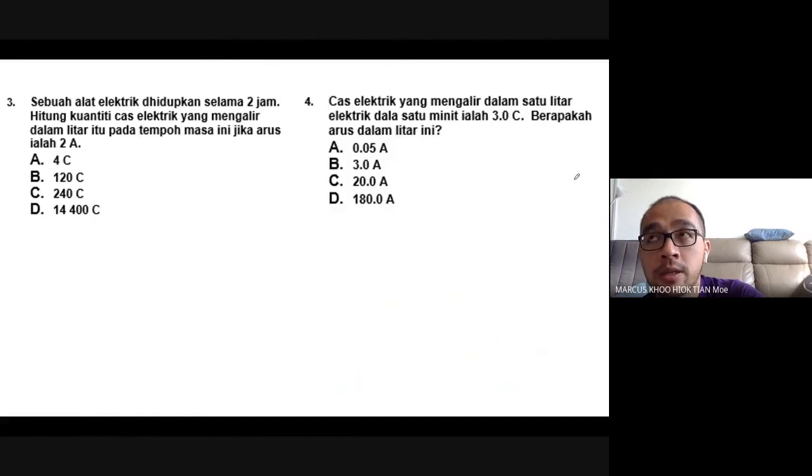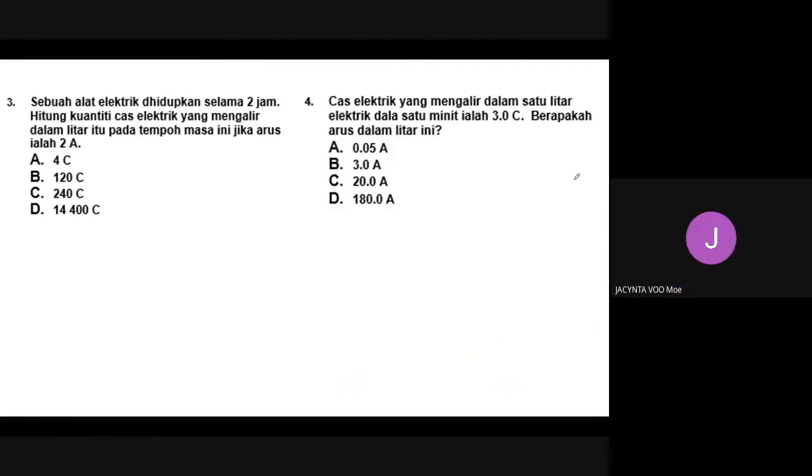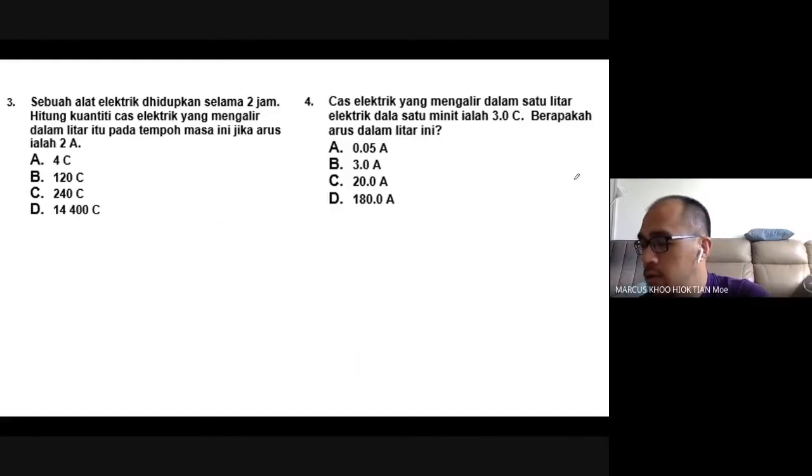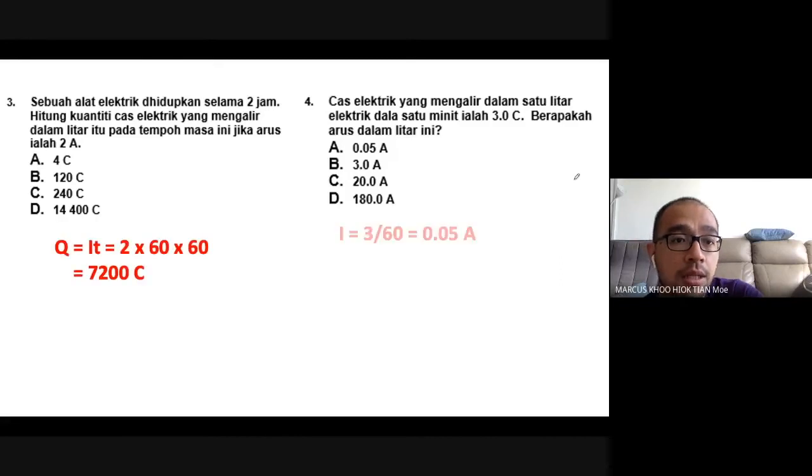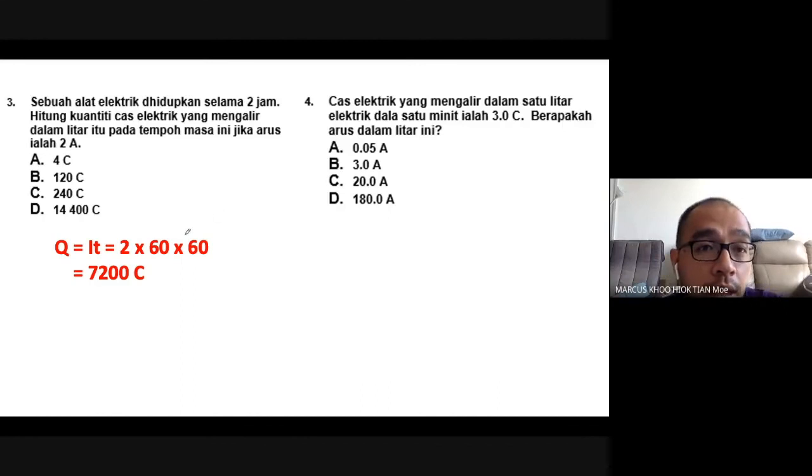Number 3 is who? Jacinta. Number 3 is D. Did you say D or B? D. Okay, the answer is B. 2 times 60 times 60. Oh, there should be another 2, right?